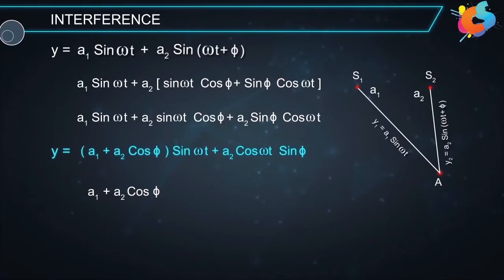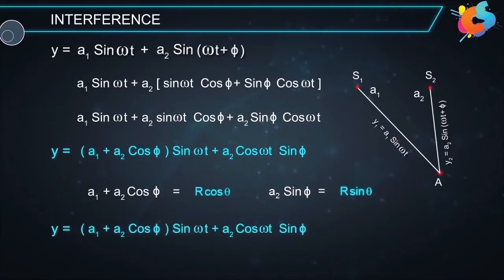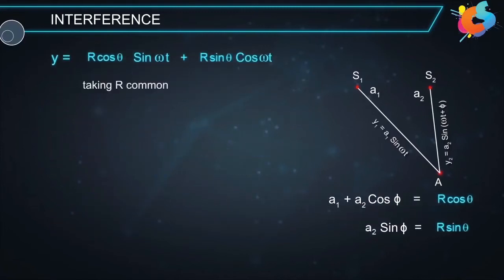Now, let us take A1 + A2 cos phi = R cos theta and A2 sin phi = R sin theta. If we substitute these values, we will get Y = R cos theta sin omega t + R sin theta cos omega t.